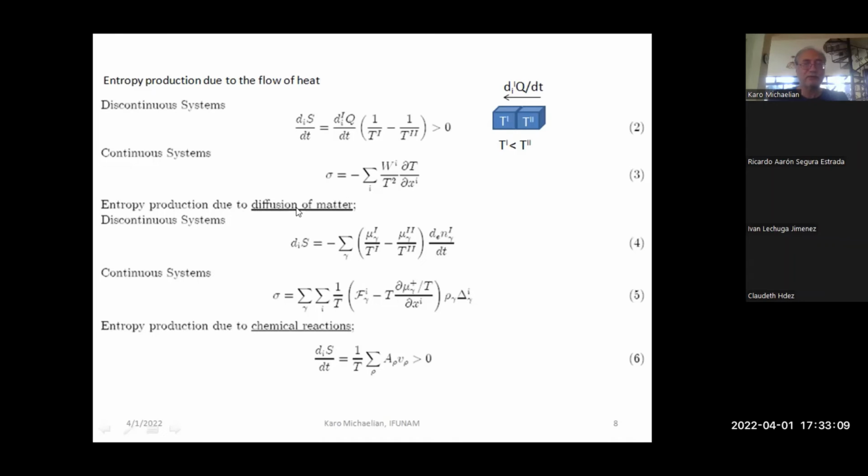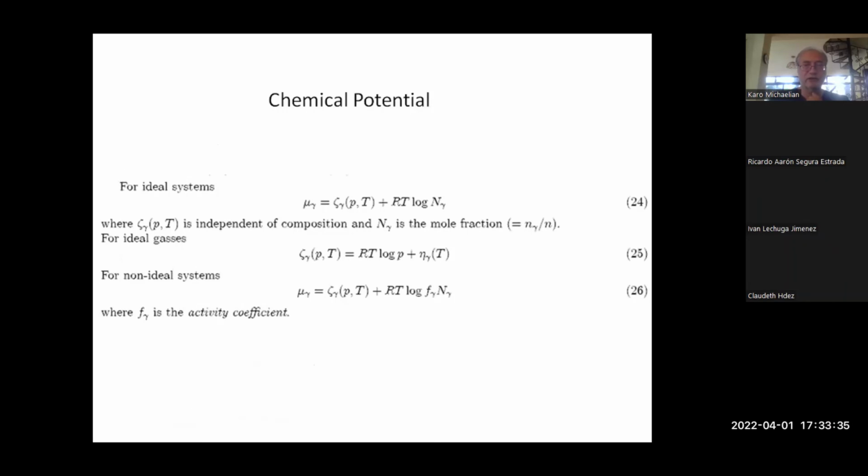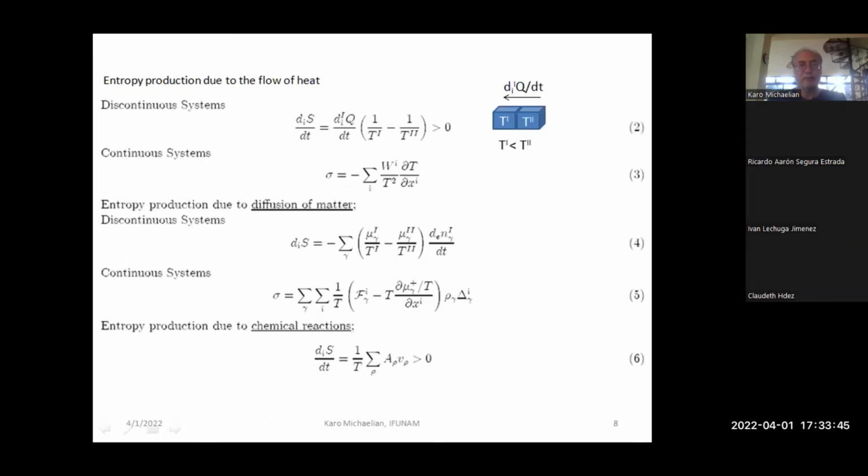Now, what about in the case of the diffusion of material? Here we're looking at, again, a continuous system, but which has a chemical potential which is different. For example, it could be a concentration of a particular element gamma. It could be a different concentration, because you remember when I told you that the chemical potentials depend on the molar fractions. So this N gamma is really dependent on the concentration of the system.